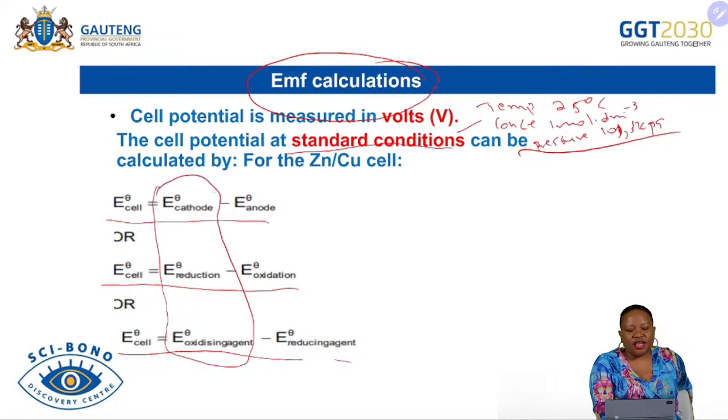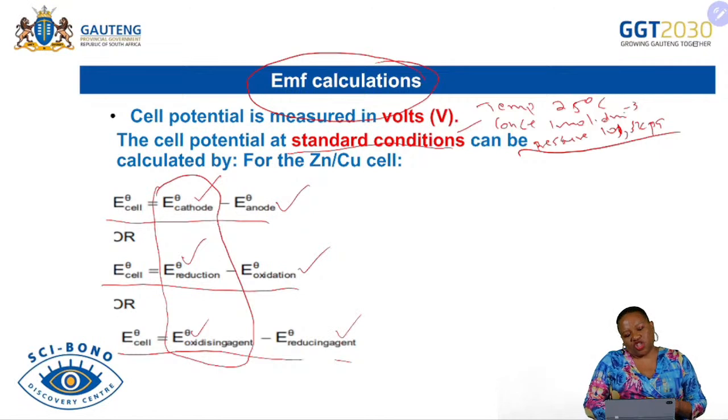Looking at this reaction, at the cathode we are going to have a reduction reaction, and the agent that undergoes reduction is our oxidizing agent. At the anode, there will be oxidation, and the agent that undergoes oxidation is our reducing agent. Therefore, after knowing these EMF formulas, you are able to calculate EMF.